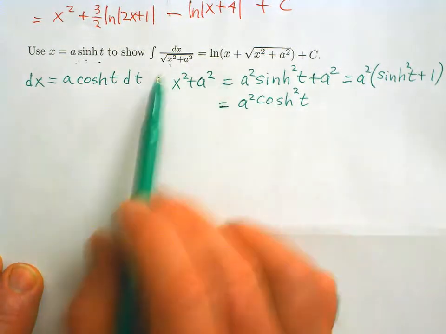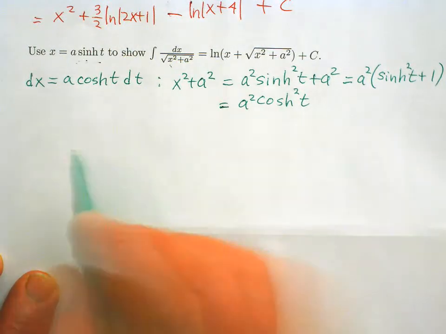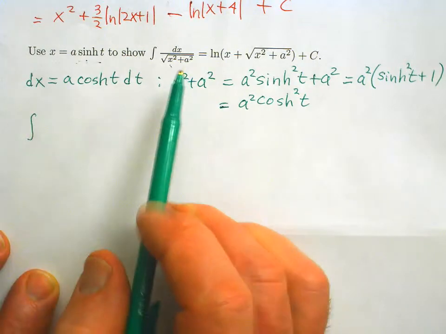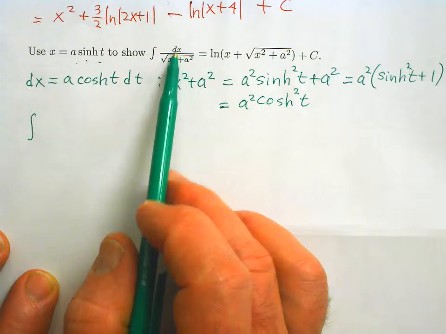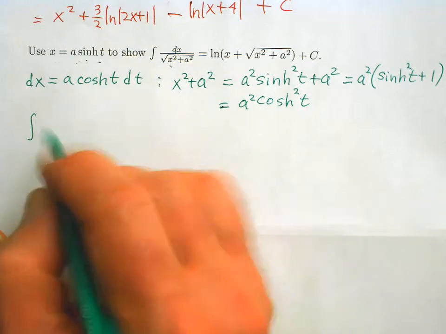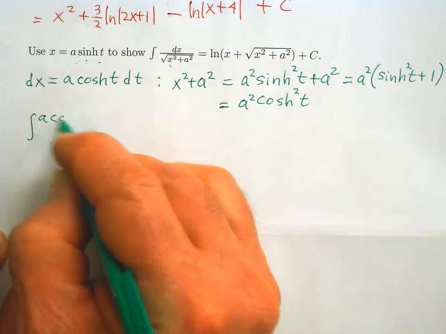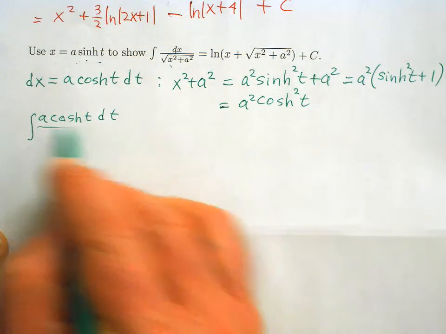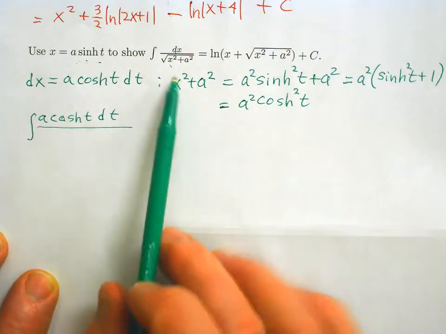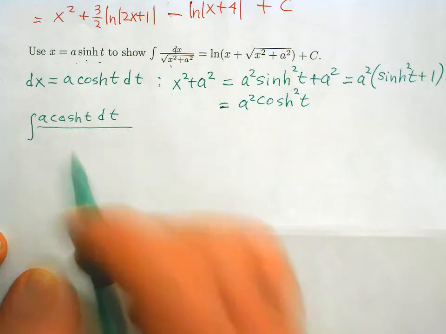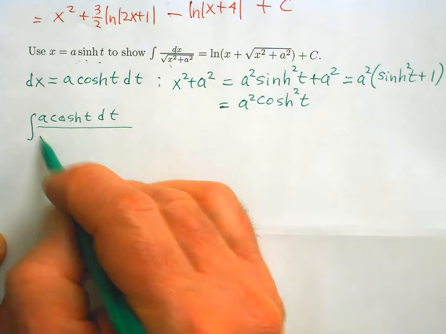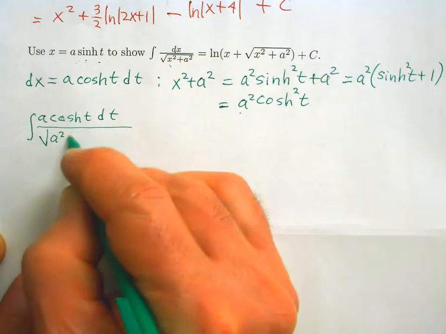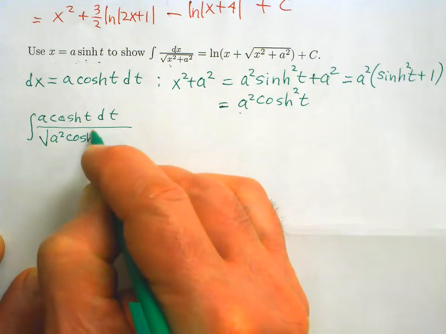So let's use all our substitutions. dx, in the numerator, is a times hyperbolic cosine of t dt. And in the denominator, we have the square root of a squared times hyperbolic cosine of t squared.